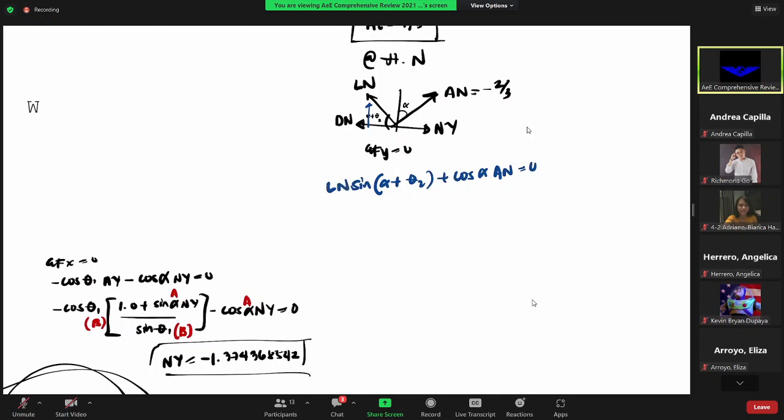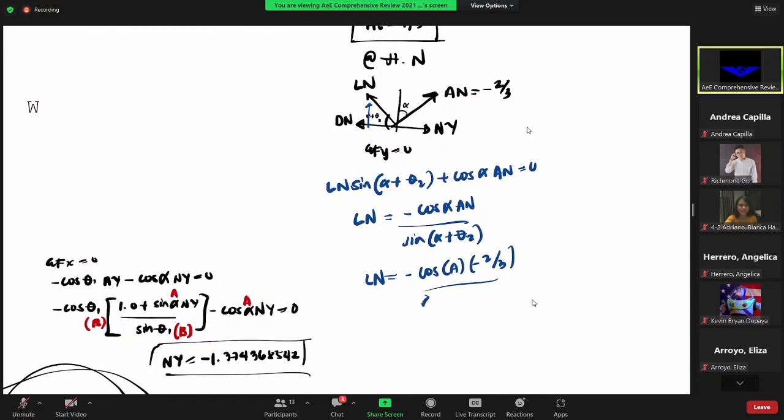This is LN. LN is equal to negative cosine alpha AN over sine alpha plus theta sub 2. LN is equal to negative cosine store A, negative 2/3 over sine A plus B. So anong sagot ng ating LN?